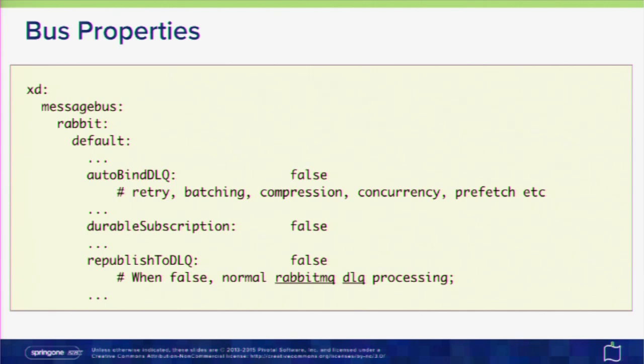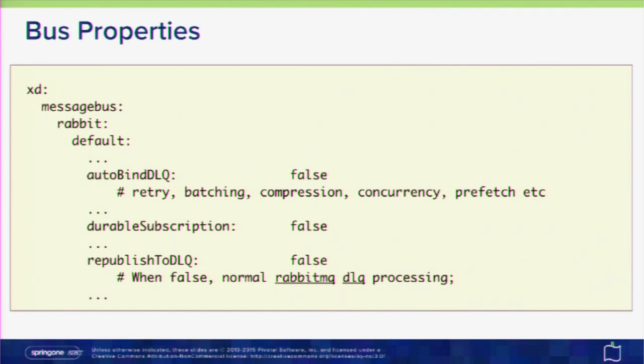Then when you rebind that module or restart that tap stream, you'll get any messages that you've missed. Again, this can be overridden on an individual stream basis in the deployment properties, but we can set it up in the bus properties, the server's YAML file, for default action.